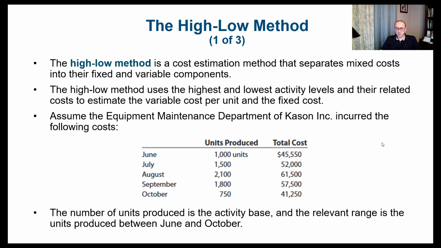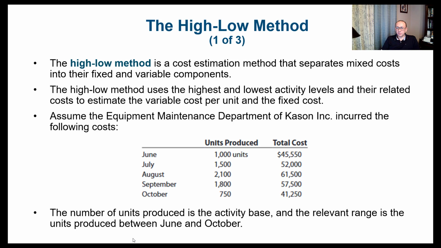Let's see an example, because I think in this situation an example would make it much easier for us. Assume that the equipment maintenance department of Kaysen Incorporated incurred the following cost. Here we have 5 months starting from June all the way to October, and these are the units produced: 1,000, 1,500, 2,100, 1,800, 750, and here we have the total cost for each month.